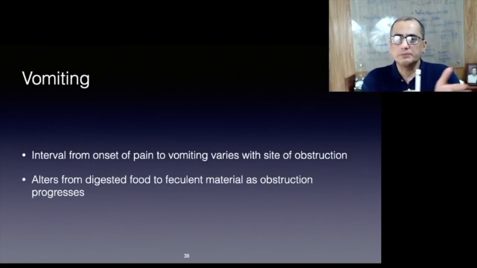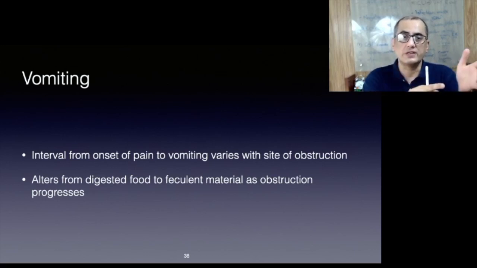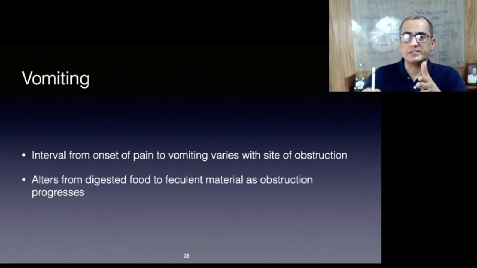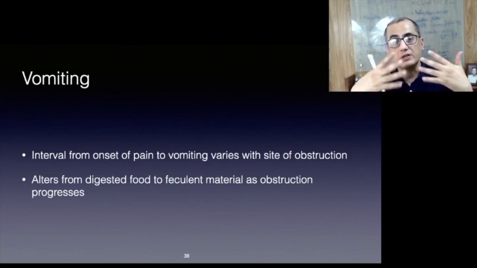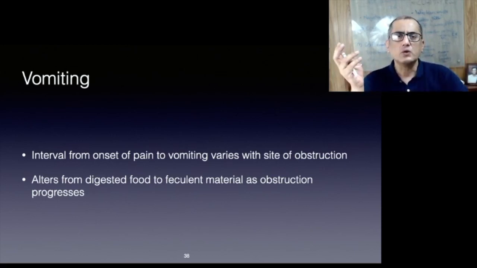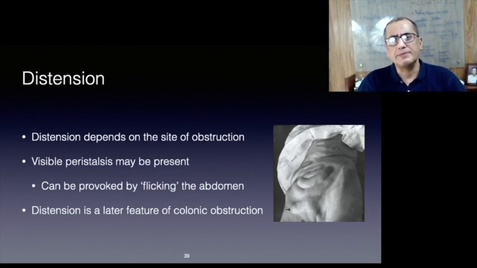As obstruction progresses, the character of the vomitus alters from simple digested food initially to feculent material as a result of the presence of enteric bacterial overgrowth. So, in the small bowel, the degree of distension is dependent on the site of the obstruction and is greater the more distal the lesion.